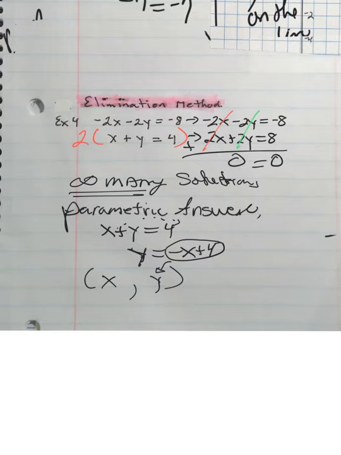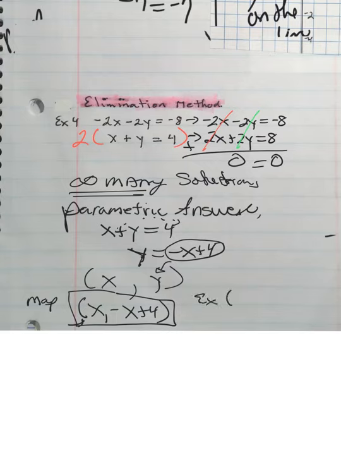So our answer would look like x comma negative x plus 4, and that's one of our answers in parametric form, and it's basically a map where you could pick any value you want for x. For an example, if I picked 7, then negative 7 plus 4 would make negative 3, so 7, negative 3 would work for both equations.